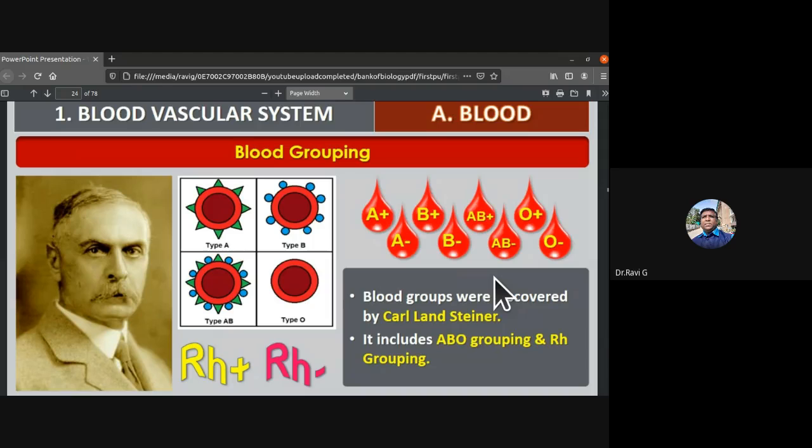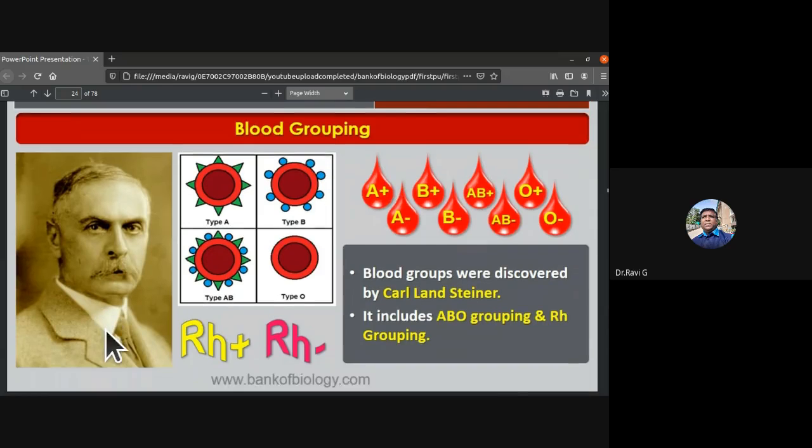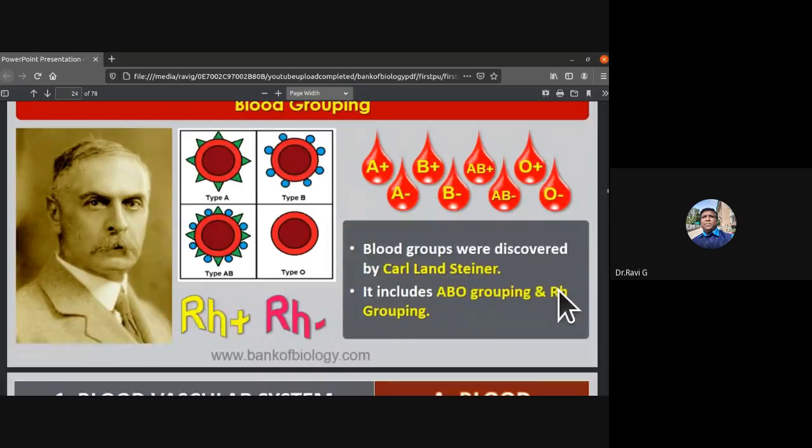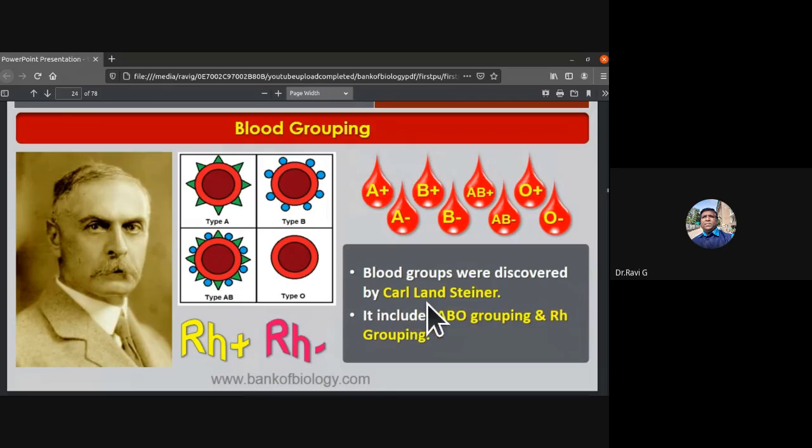Karl Landsteiner discovered the blood groups. It includes ABO grouping and Rh grouping. Rh is the Rh antigen, that is, whether your blood is positive or negative.